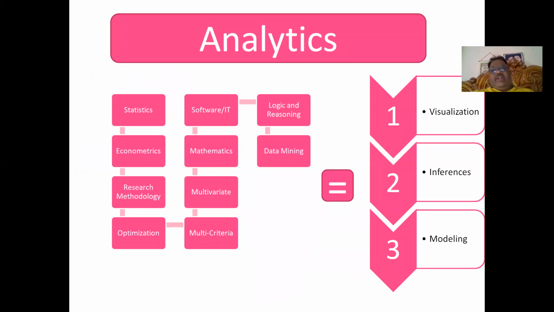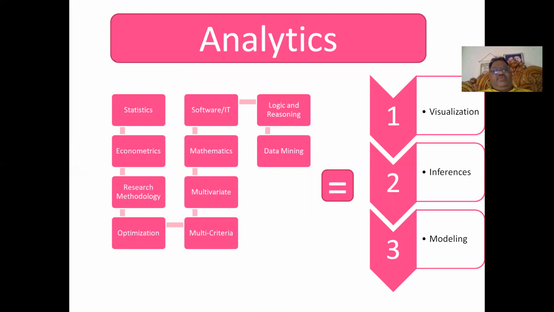So, when you talk about analysis, we call it a BI model. BI means visualizations, inferences, and modeling. For that, basically, you start with statistics, then you should know about econometrics, research methodology, then optimization techniques. You should know some software like SPSS, SAS, EViews, R, Stata.